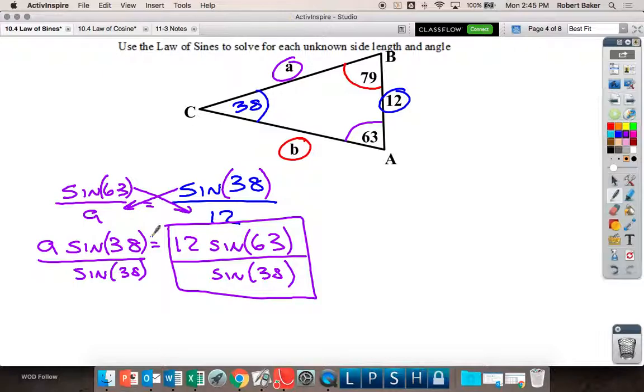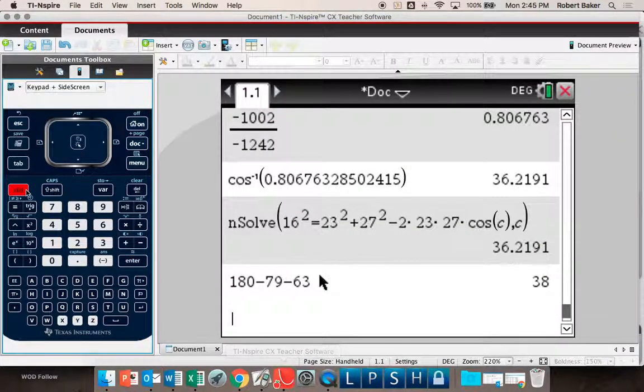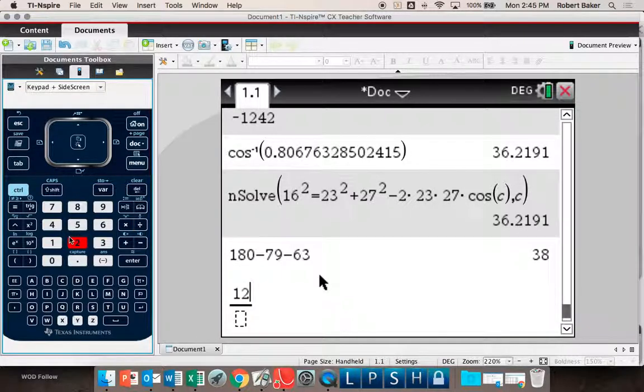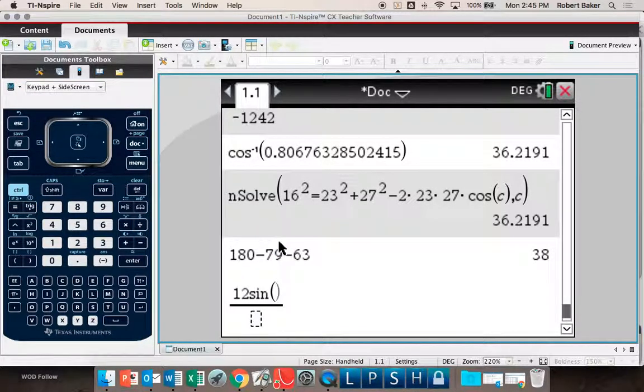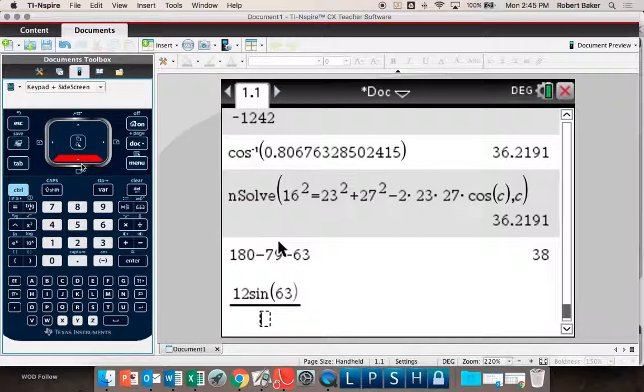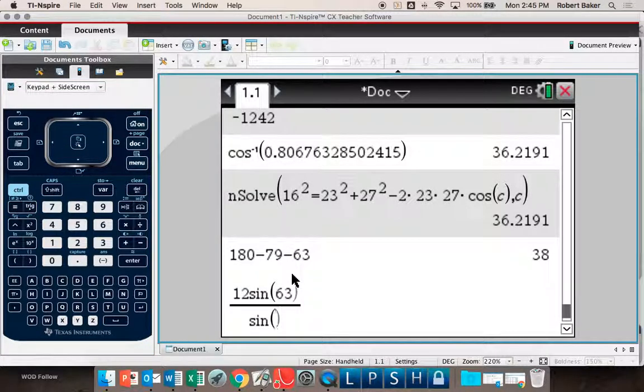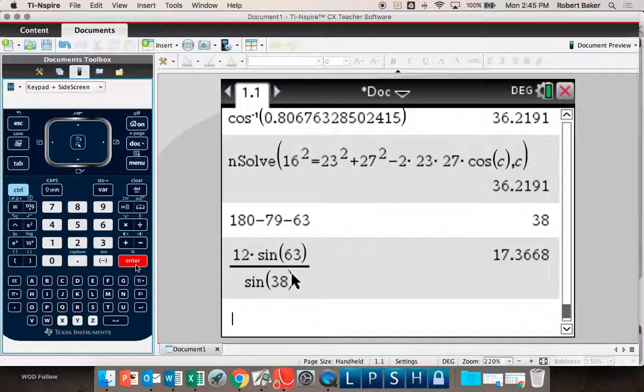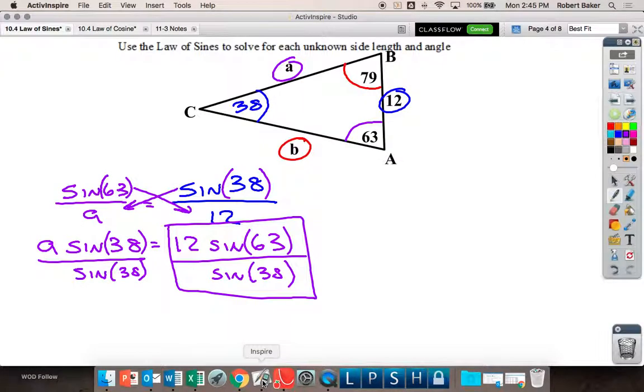And you can type it in just like that. 12 sine 63 over sine 38. 17.3668. 17.3668 is A. Little a.